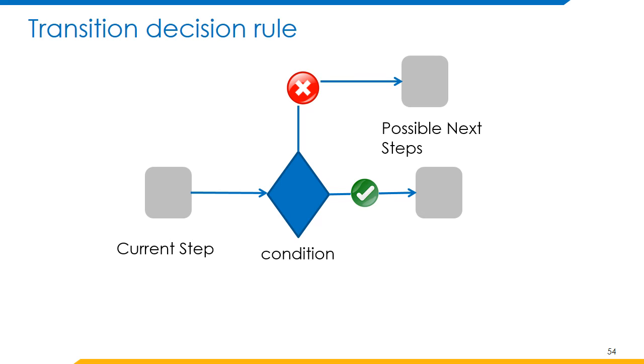This rule expects a return value which is a boolean value. This determines whether the current step under consideration is to be pursued or not.